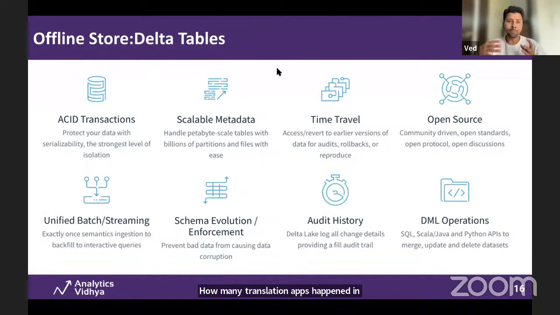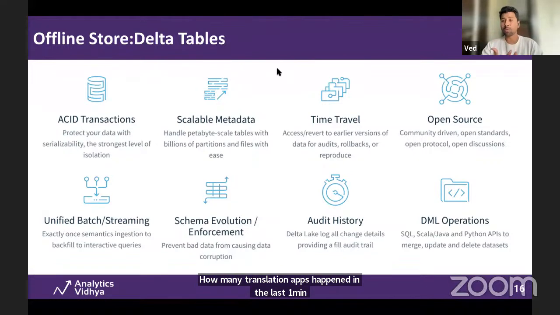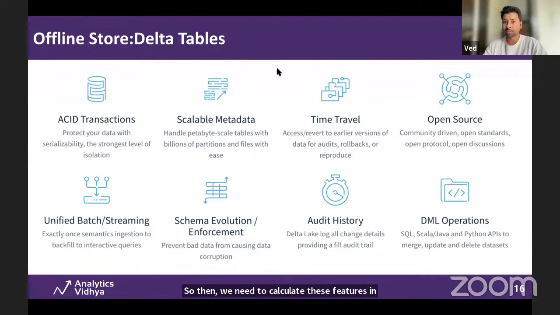When we need to calculate these features over the last 1 minute or 5 minutes, it becomes challenging. It needs some kind of computation, right? It needs some server, so that's where you can get the data, process it, and solve it.